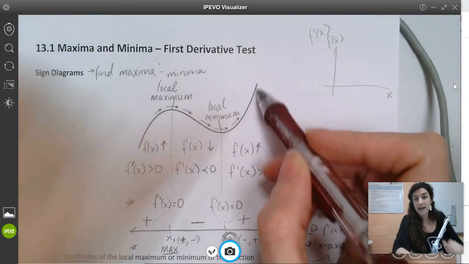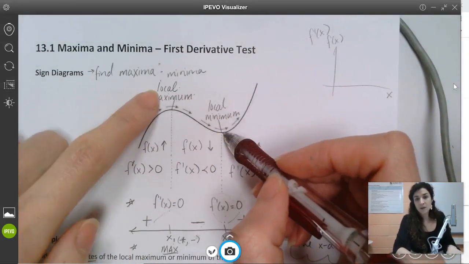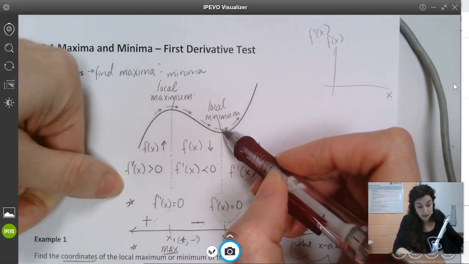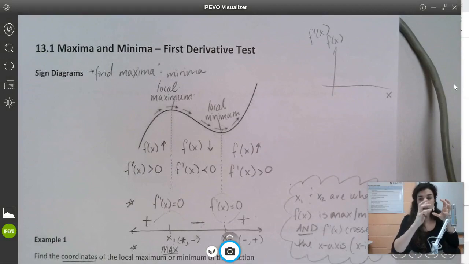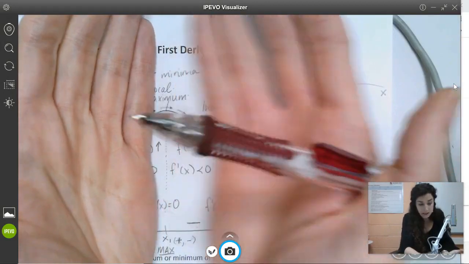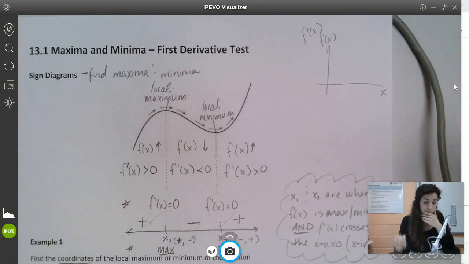The maximum would be wherever this curve ends. This is not the minimum. The minimum, if we follow this curve down this way, is wherever this curve ends. So it's a localized maximum, a localized minimum, saying, okay, well, in this world, that's a maximum. In this world, that's a minimum.